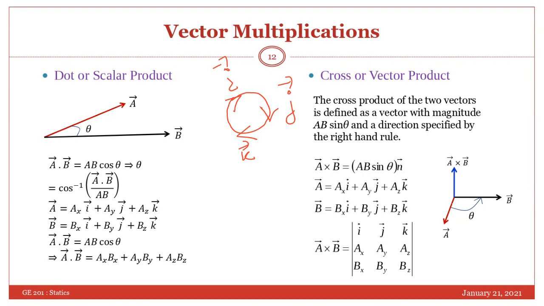But when you are in the opposite direction, for example, if you multiply J cross I, then you will get minus K, because you are not along the cycle, opposite to the cycle.